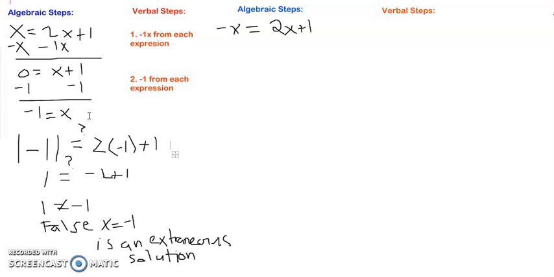Once we get our solution, we check for extraneous by plugging into the original equation.